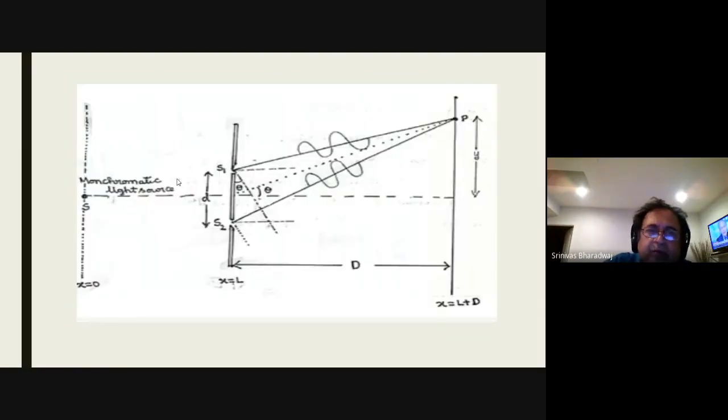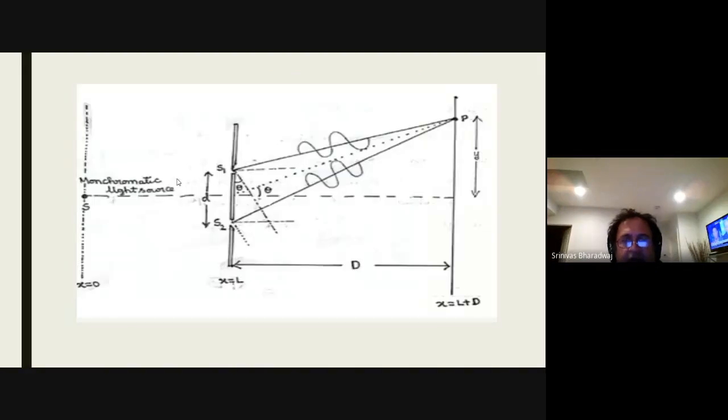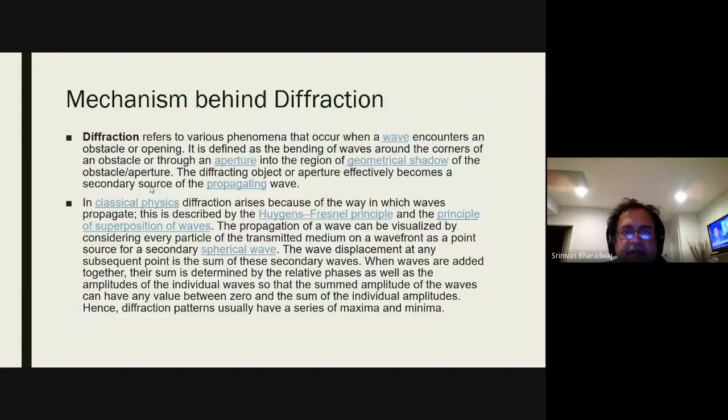Okay. So now you have this monochromatic light source going through these double slits, and it hits this point. Now, when delta L is a certain number of wavelengths, n times lambda, it is additive. If it is a certain number of times plus half lambda, it is destructive.